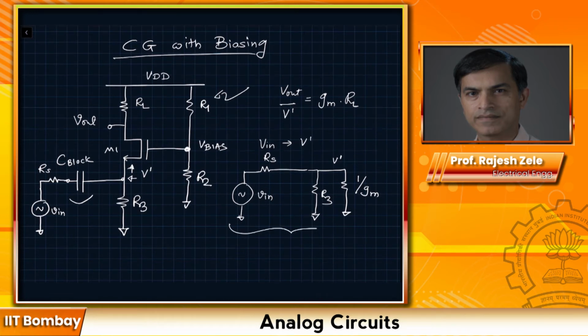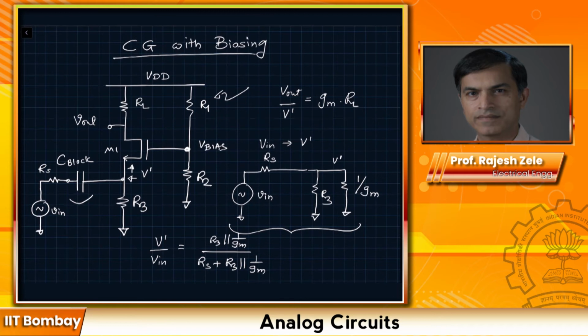So if you look at this circuit, you can quickly tell that V dash is nothing but a voltage divider between RS and the parallel combination of R3 and 1 over Gm. So you can say V dash divided by V in is equal to R3 parallel combination of 1 over Gm, divided by RS plus R3 parallel combination of 1 over Gm.